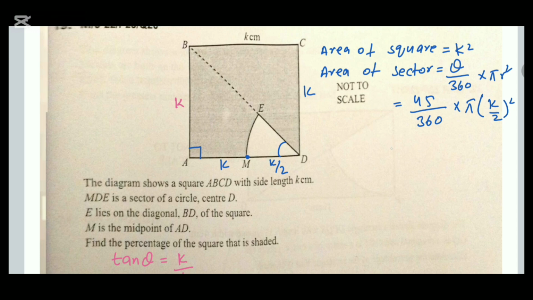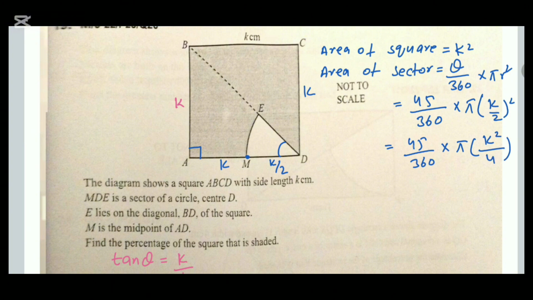So what will be the answer? If you put it in calculator, k square will remain as it is. You can just simplify it like 45 by 360 into pi into k square over 2 square, which is 4.